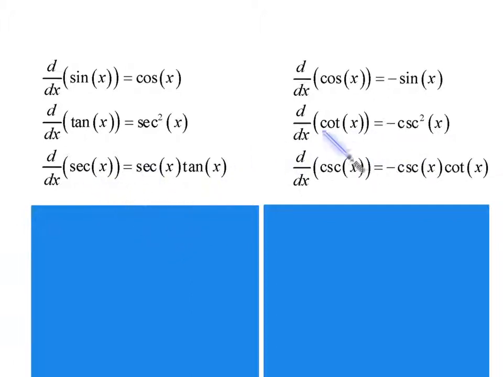Over on this side, remember, it's negative. I've got a cotangent and two cosecants. So this is just one of those things you've got to memorize, but we'll be using it plenty, so hopefully you'll get it down real quick.